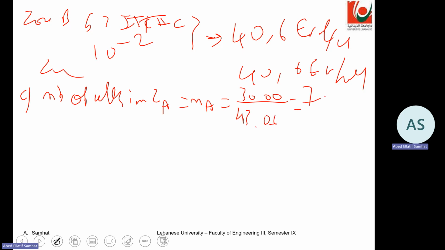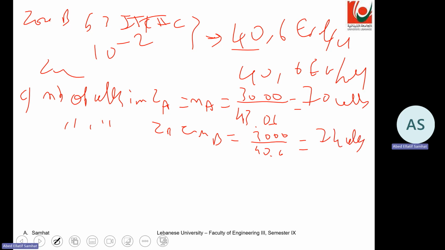In this case, we have around 70 cells. For zone B, NB is 3,000 over 40.6, which is equal to 74 cells. And the number of cells in zone C, NC, is equal to 9,000 over 40.6, which is 222 cells.